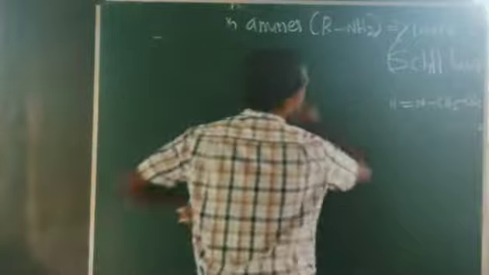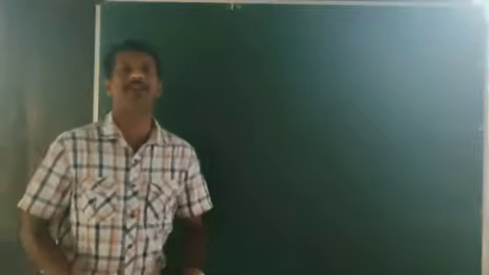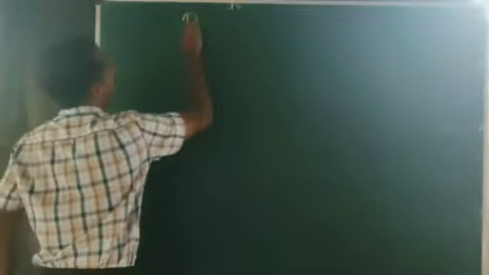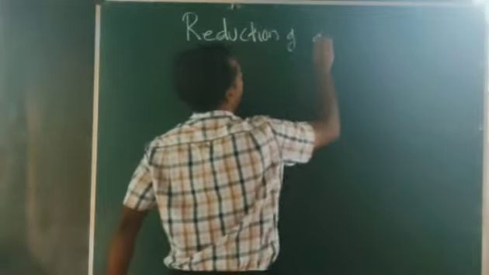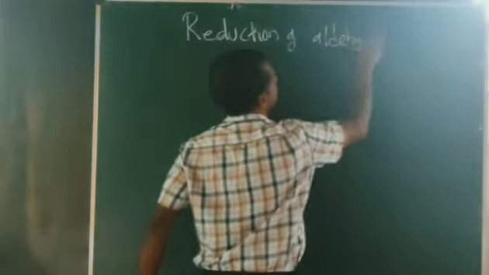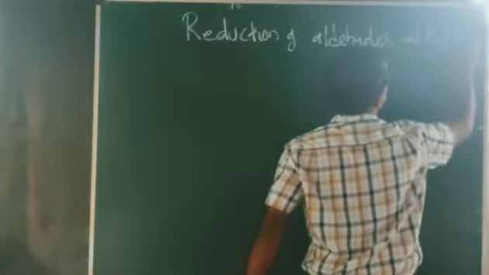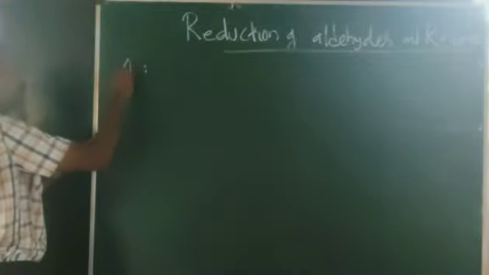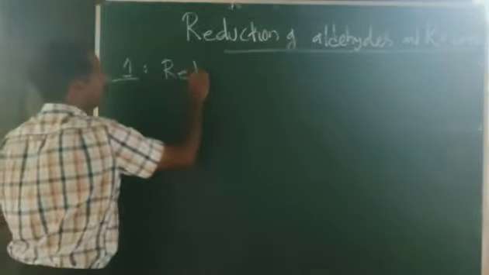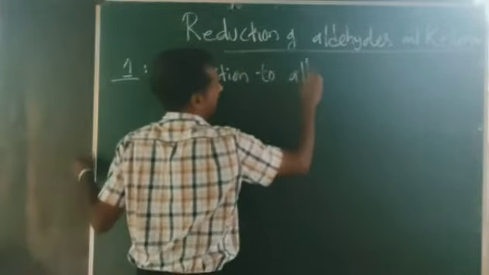Next is reduction of aldehydes and ketones. Another important reaction of aldehydes and ketones, that is reduction of aldehydes and ketones. First one, reduction to alkane.